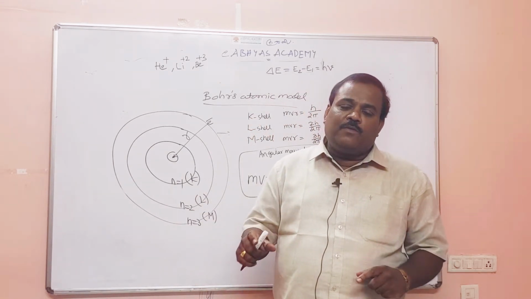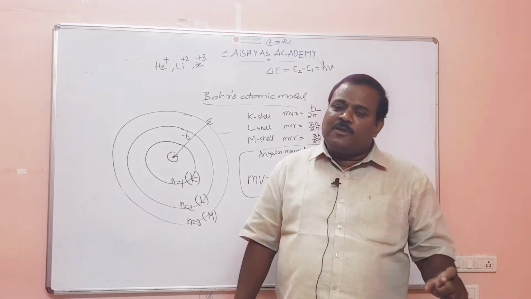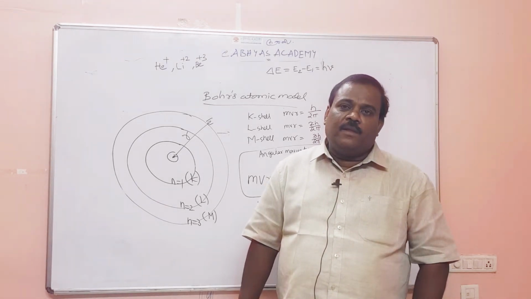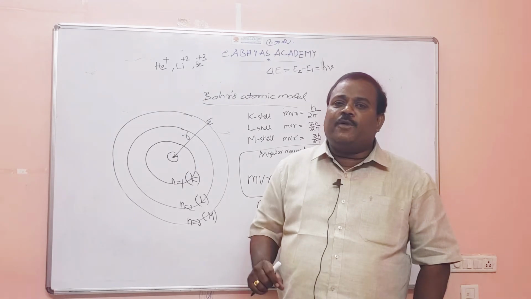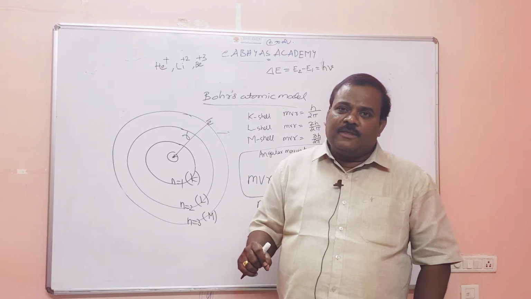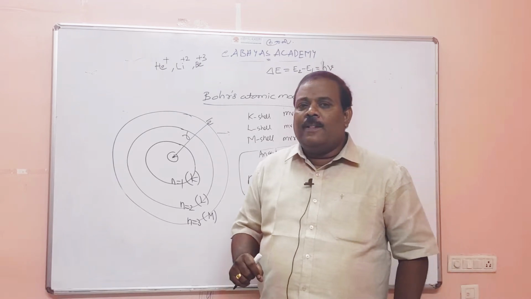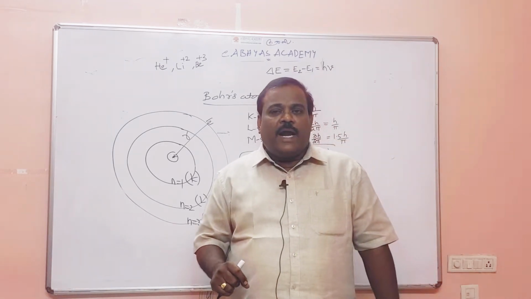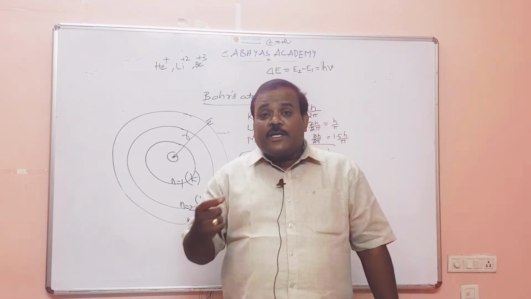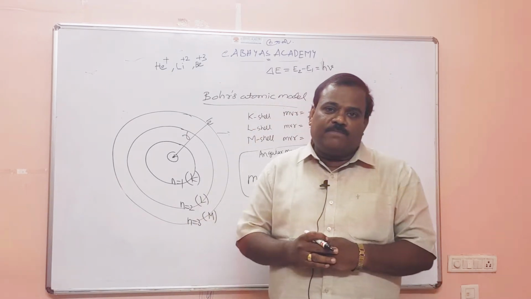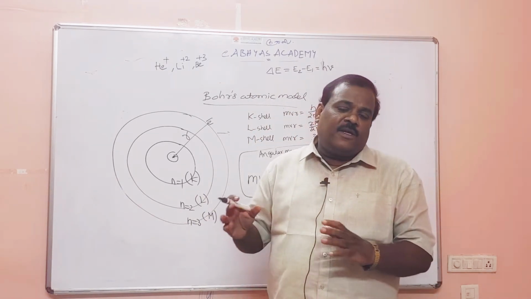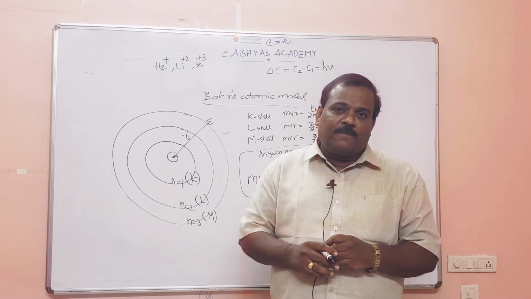That principle was opposed by Bohr's theory. And the fourth important point in the demerits, this theory fails to explain atomic spectrum of atoms which contain more than one electron. So these are the drawbacks of Bohr's theory.